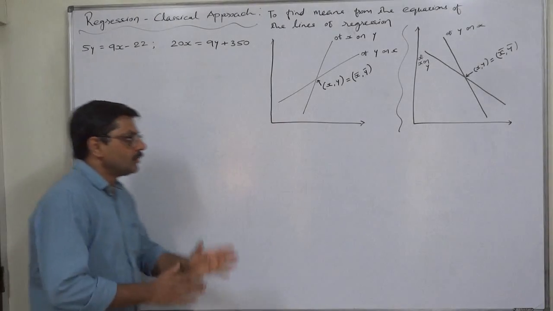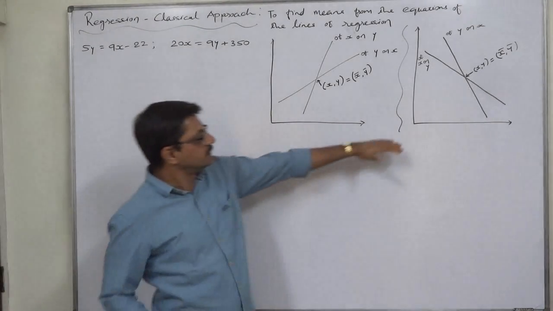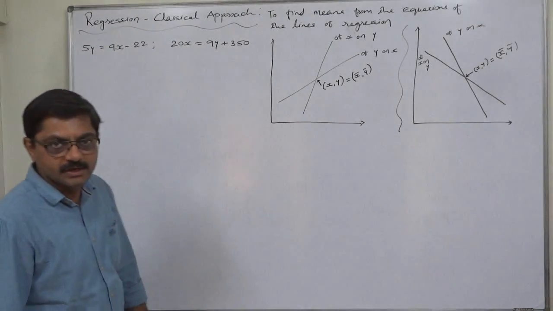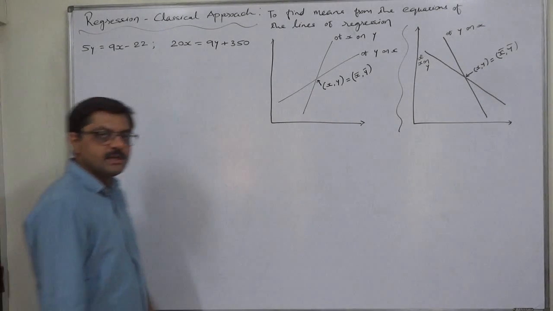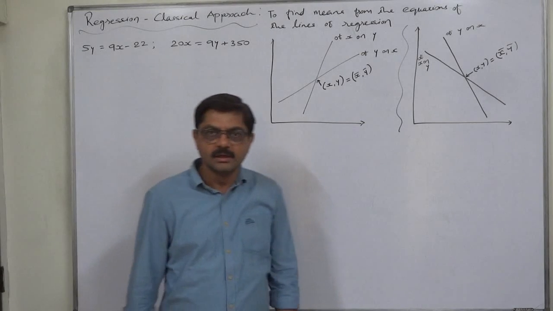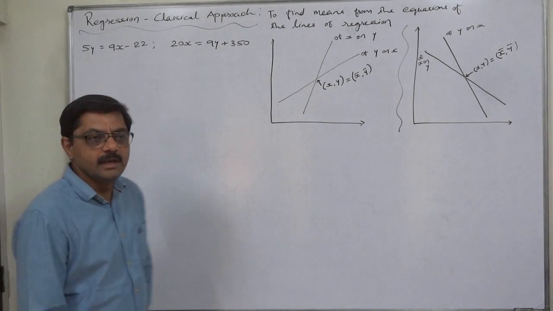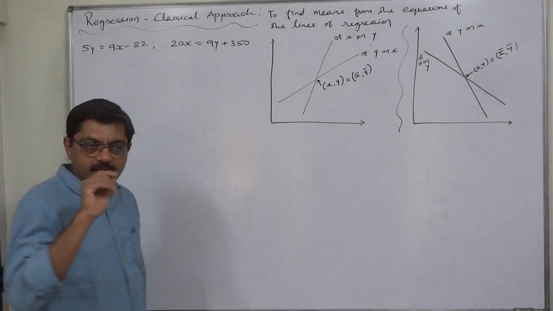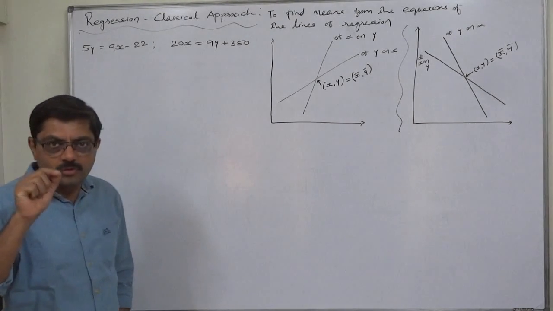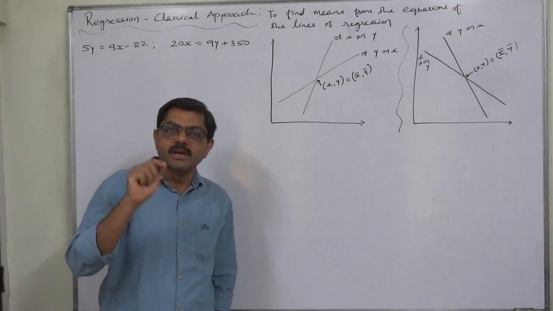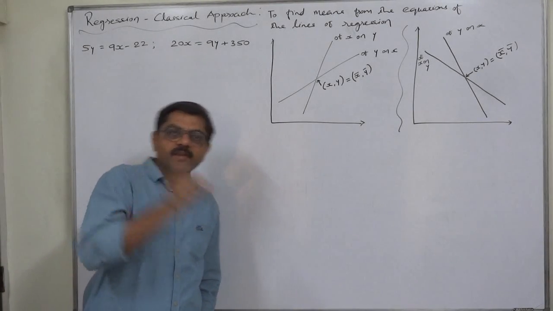So, if we use this property of the lines of regression, we just have to solve these two equations, because if we solve the two equations, we find the values of x and y at the point of intersection. That means these values of x and y are the coordinates of the point of intersection.